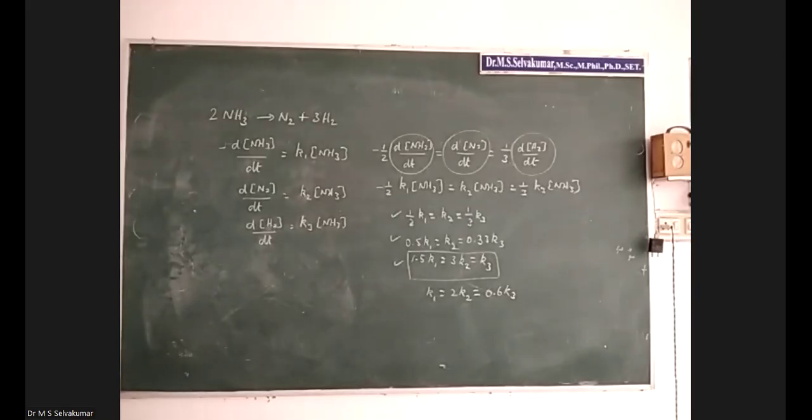But the only thing is, if you are able to write the fundamental expression, then you can go systematically and you will get the correct answer. Clear? So we go to the next problem.